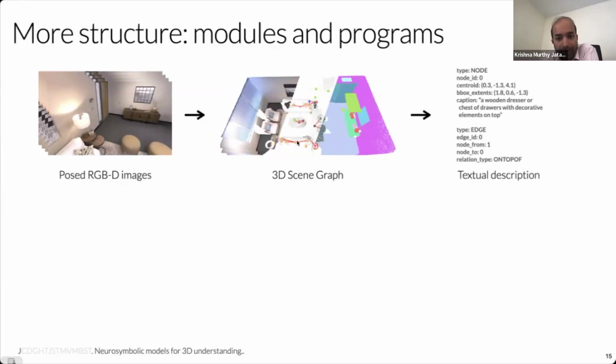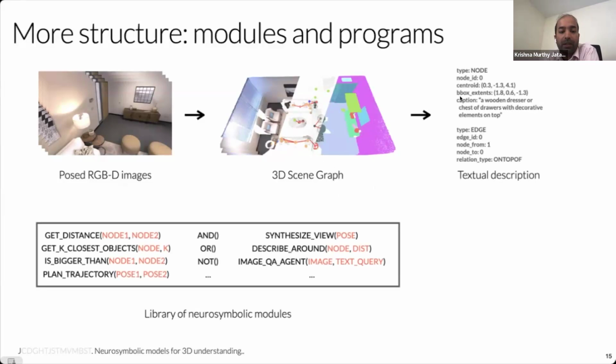And this is converted to a textual description, but in addition to this textual description, you have a library of, let's say, spatial operators: compute distances, is A bigger than B, compute volumes, get the K closest objects, or trajectory planning, a bunch of logical operators, and also a bunch of neural operators. So there's a view synthesis operator, which is a Gaussian splat trained over the scene, which can synthesize novel views given a camera pose.